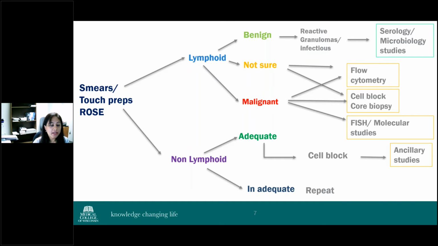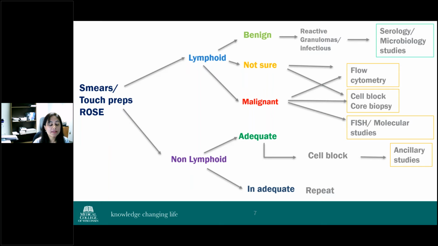It is very important in such cases to know what the clinical picture is, because the clinical suspicion determines the extra knowledge that we have to determine what we are looking at.